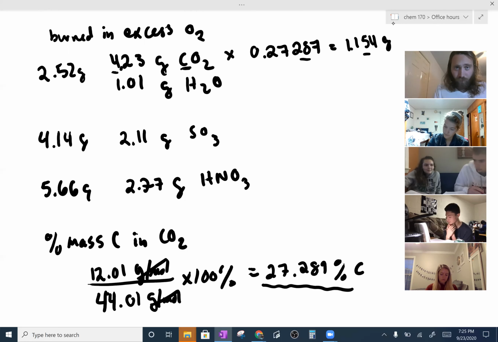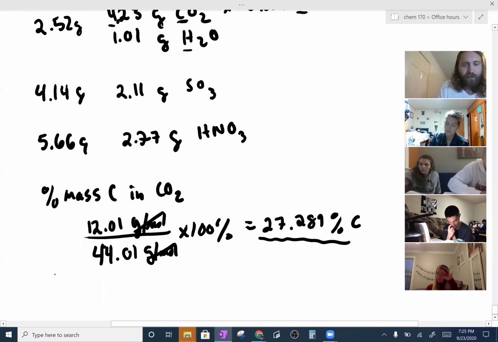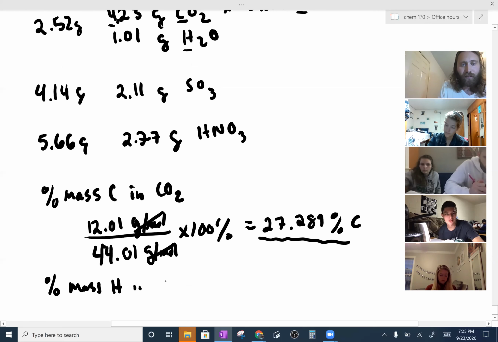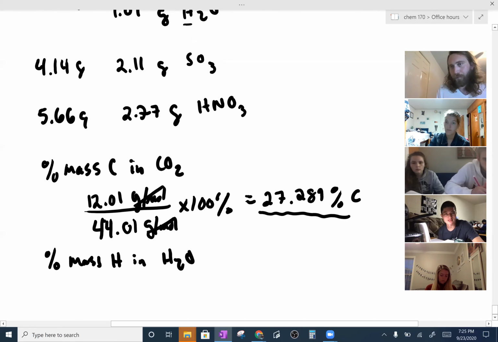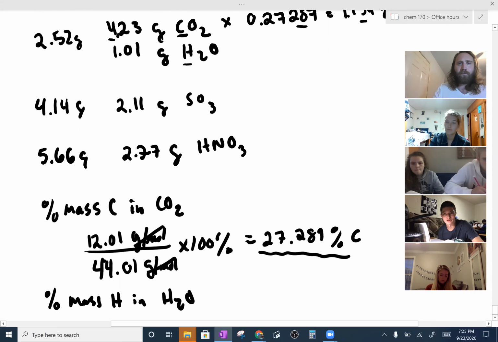And we're going to do the same thing for the hydrogen, the percent of hydrogen in H2O. Okay, so percent mass hydrogen in H2O. Just another quick question. You did the carbon and the hydrogen because the oxygen was burned.